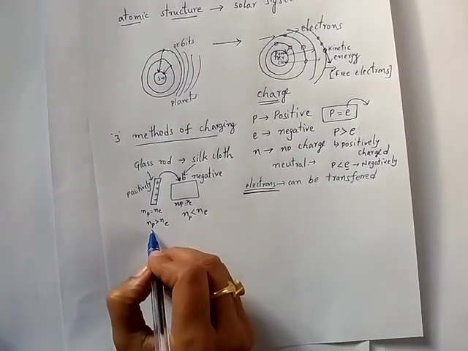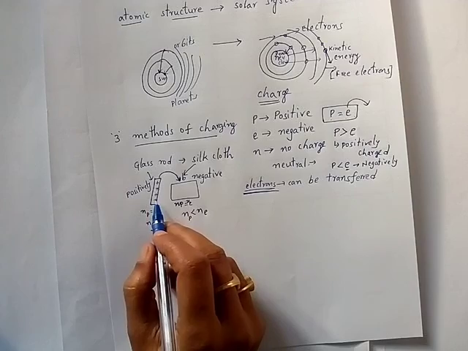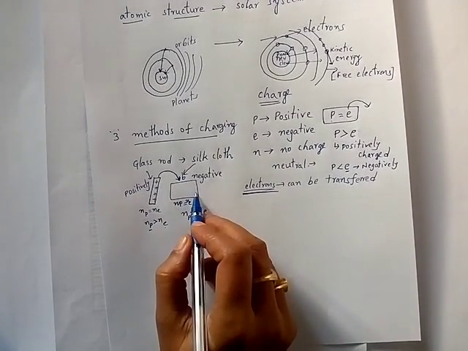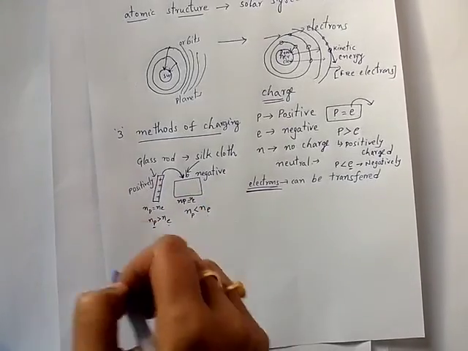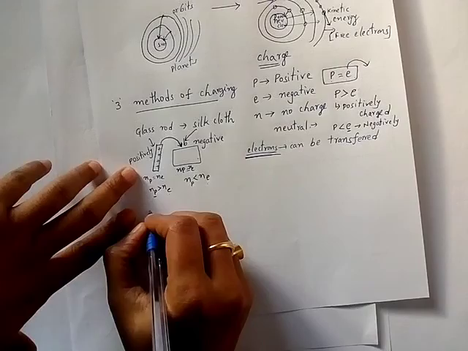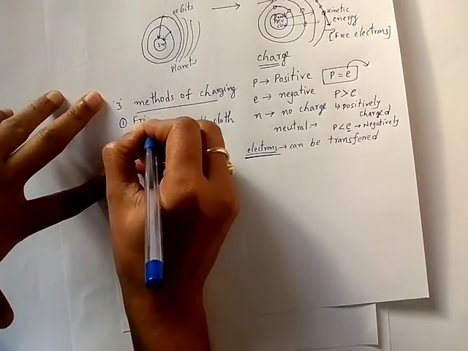The body with more protons, or fewer electrons, we call positively charged. The one with more electrons, we call negatively charged. This has been done due to rubbing, and rubbing we call friction. So the first method we call friction.